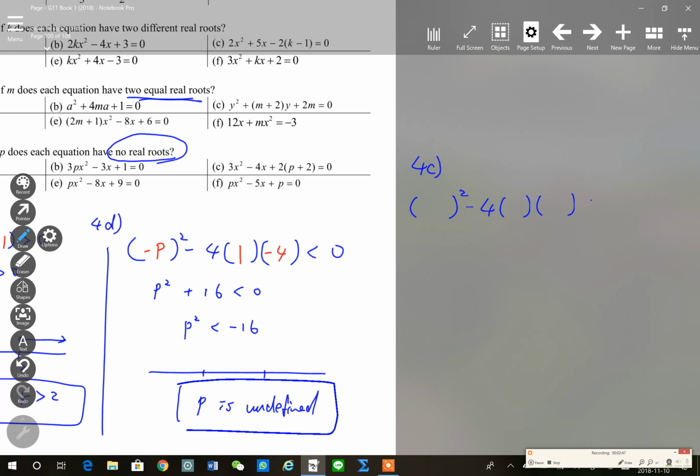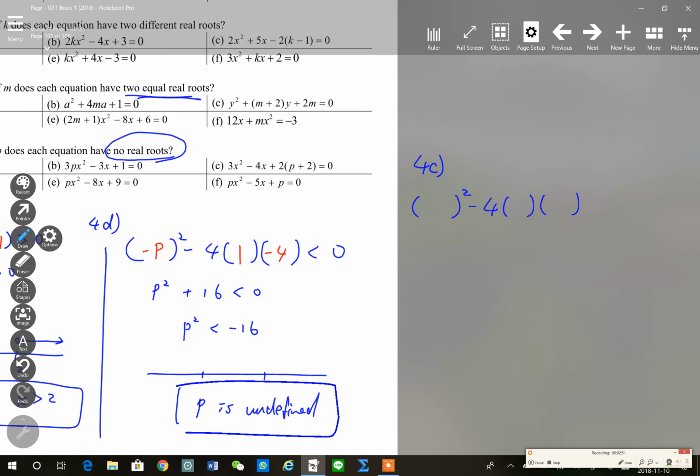No, I'm saying if it's no real root, right? The discriminant must be less than 0. Yeah. So this is the discriminant, right? B squared minus 4AC is the discriminant.